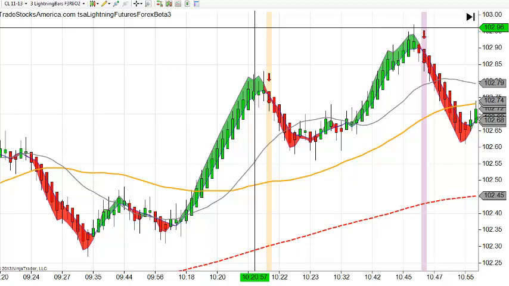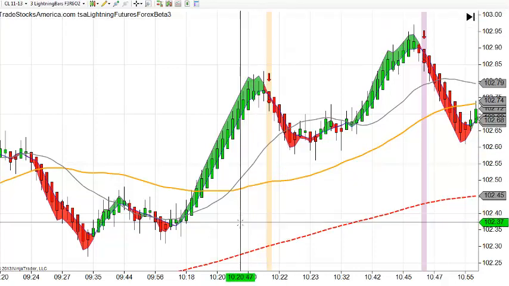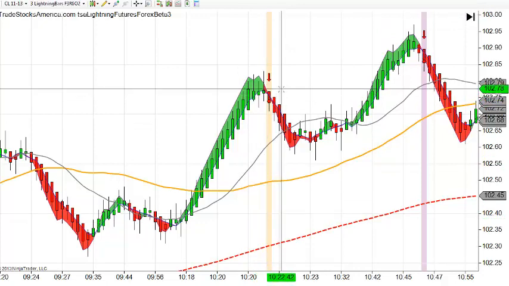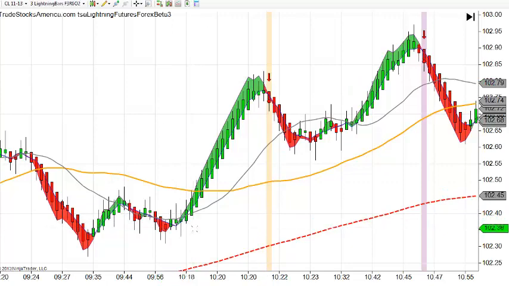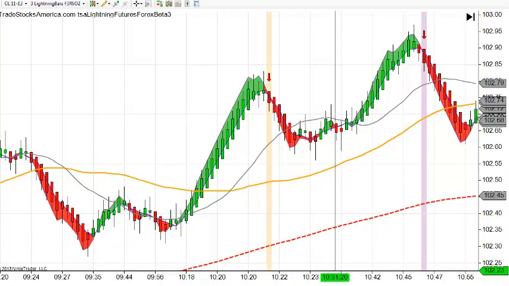Let me pull up a couple stocks here. This is pretty volatile, 102.40 to 102.80. That's a 40-tick move in about 3 minutes. You're trying to look for something like that.